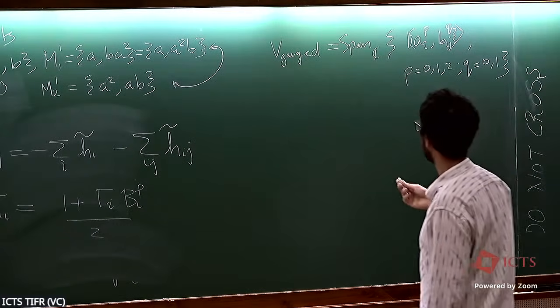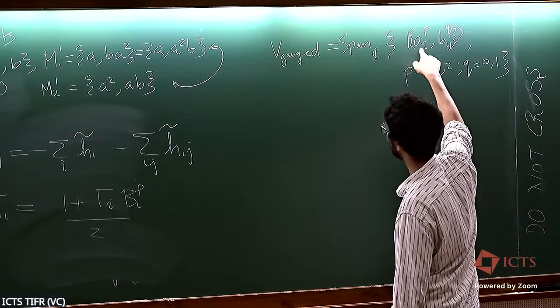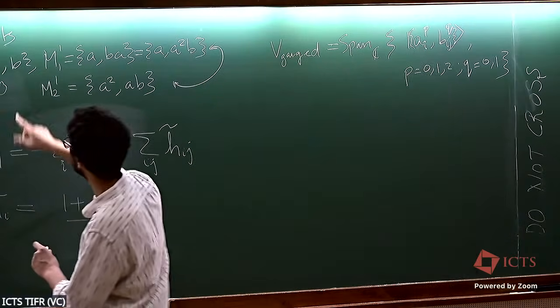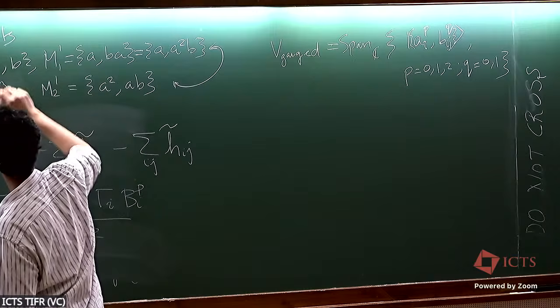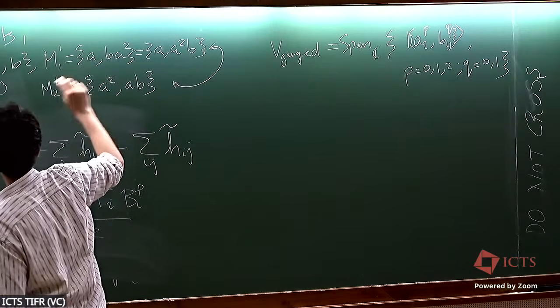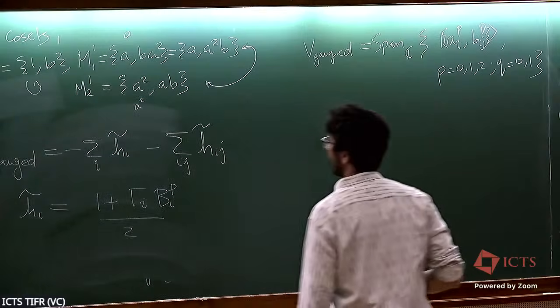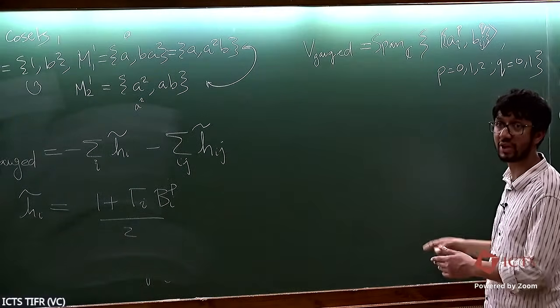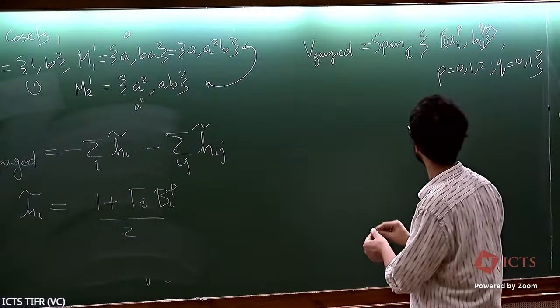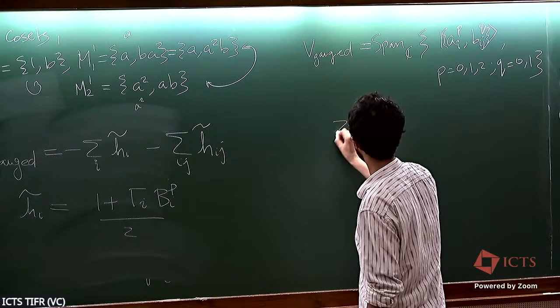I'll define some, and I've taken representatives of each coset. So the representative of this is 1, the representative of this is A, the representative of this is A squared. And I'm labeling my states with those representatives. Now I define some operators on the sites.